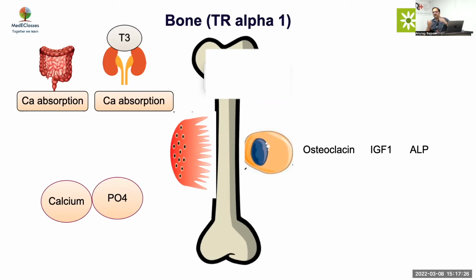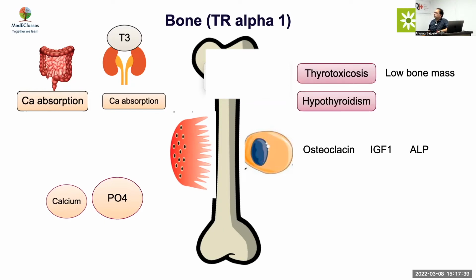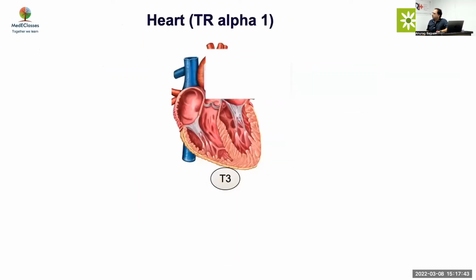There is also an effect on calcium absorption from the gut, so you will have calcium deficiency. So thyrotoxicosis will cause low bone mass, and hypothyroidism will cause low turnover, and that can cause a problem.